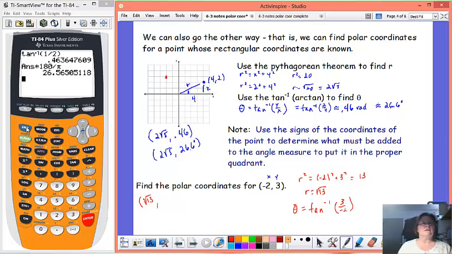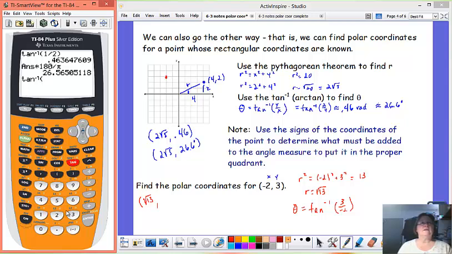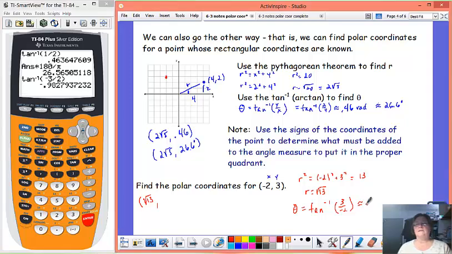Let's go to our calculator, second and tangent, and we want -3 over 2. And what that tells us is that we are at -0.98 radians. Okay, -0.98 is down in here somewhere. We need to be over here.